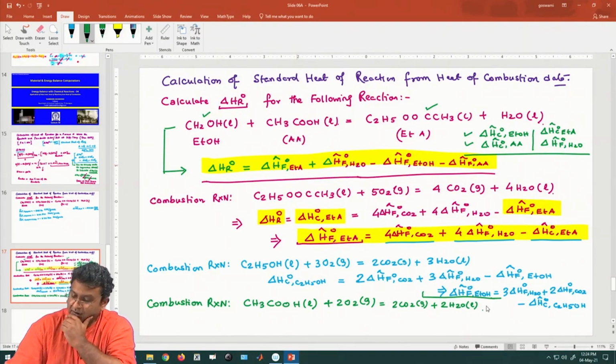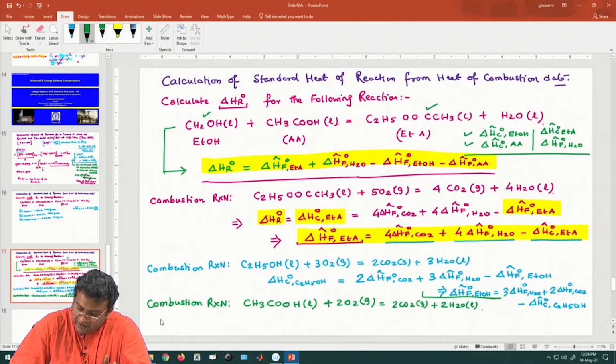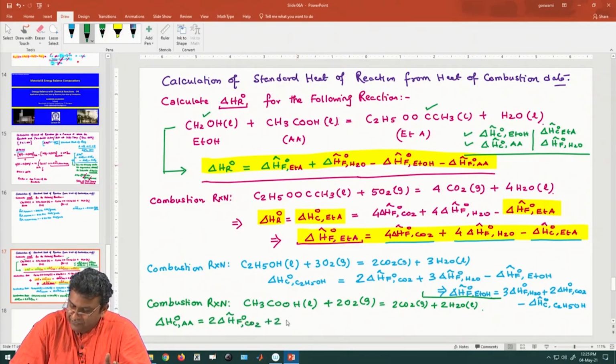From here one can show that the heat of combustion for acetic acid is twice the heat of formation of CO2 plus twice the heat of formation of H2O, minus the heat of formation of acetic acid. I think all of you can understand by now, but it is my duty to write every step when I am building the concept.